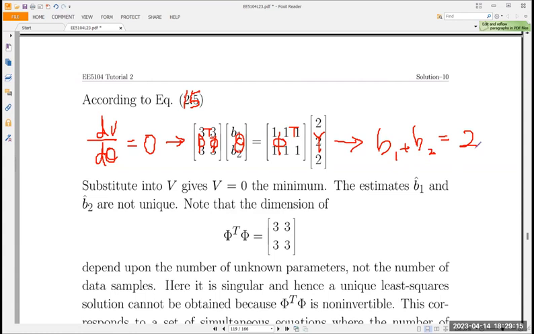So 3B1 plus 3B2 equals 6, you will get B1 plus B2 equals 2. So this equation does give you the minimum V because it's obtained from dV/dθ. But if you cannot bring this one over to this side and invert it, then you cannot get a unique solution for B1, B2. All right, so that's what the maths says.